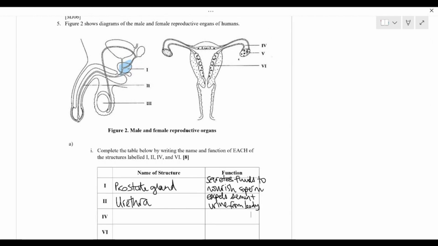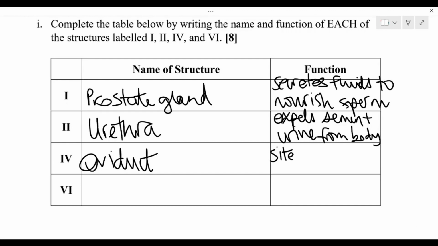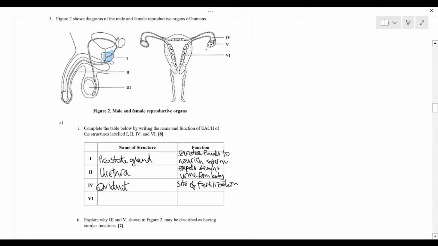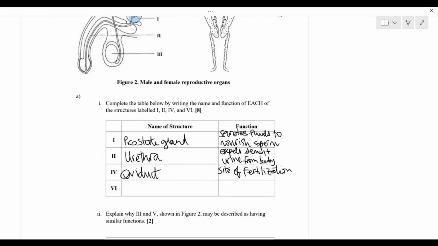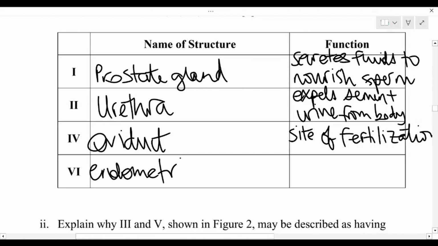Structure 4 is the oviduct, which is the site of fertilization. And finally, structure 6 is the uterine lining, or endometrium, which is the site of implantation.